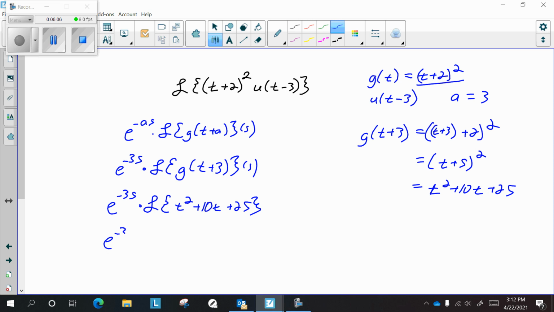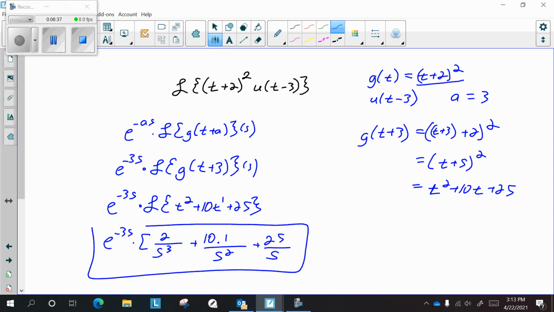So that's e to the negative 3s times 2 factorial over s to the third plus 10 times 1 factorial over s squared. And when we do the transform of the constant, that's 25 times 1 over s, or 25 over s.